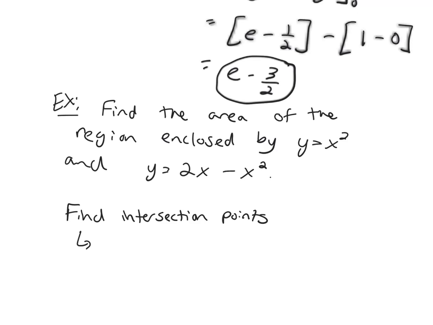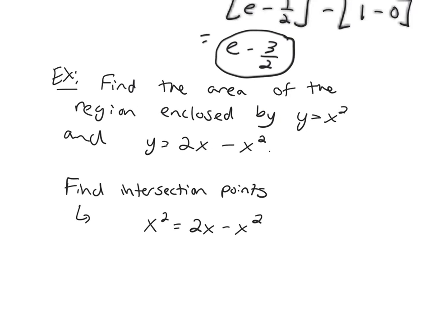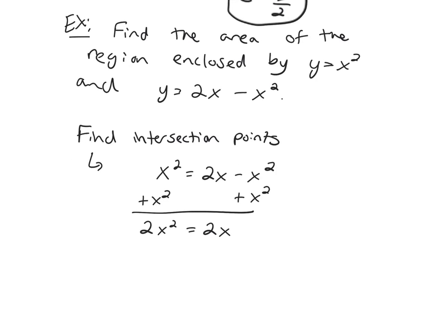So let's do that. Say x squared equals 2x minus x squared, and you're going to solve for x. I'm going to add x squared to the other side. I get 2x squared equals 2x. Right here I can see that there's a coefficient of 2 in front of all of these, so I can divide by 2 just to make my life a little bit easier. x squared equals x.